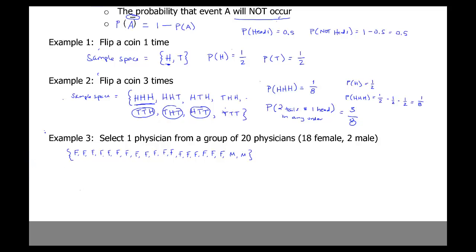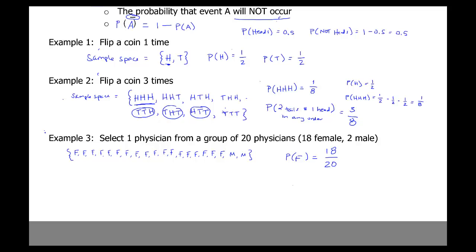Alright, last example. If you're going to select one physician from a group of 20 physicians, 18 of them happen to be female and 2 of them happen to be male. You can see I've written out the sample space already. So let's determine the probability of selecting a female. And there's 18 possible ways to select a female out of 20 possible outcomes.